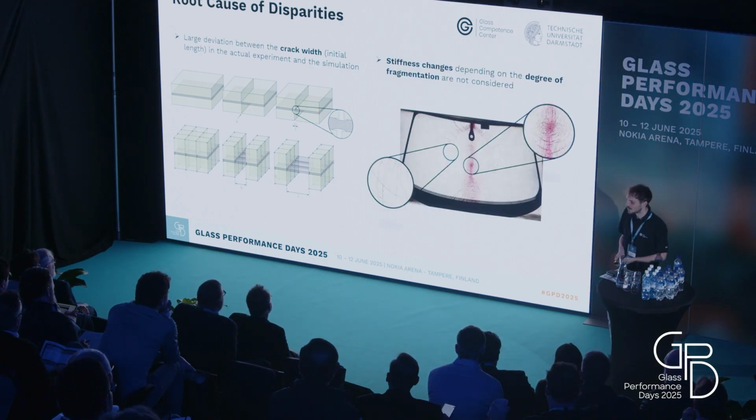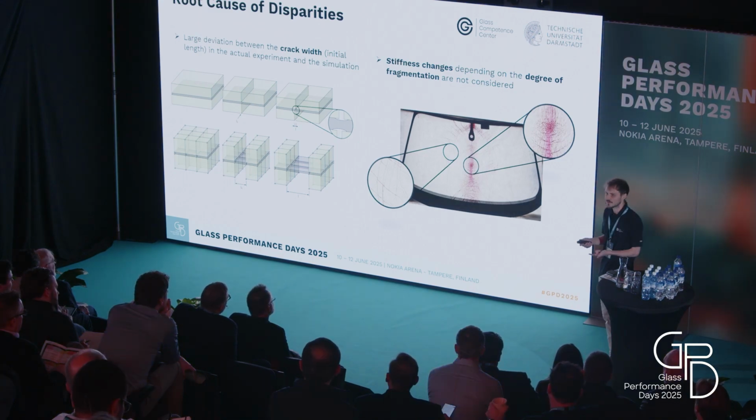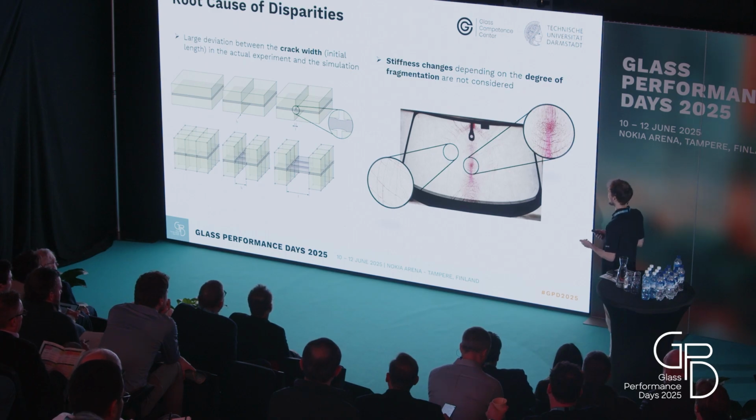The other big problem right now is that we don't consider stiffness changes depending on the degree of fragmentation. Right now we are making a 0 or 1 kind of statement: either we have the full stiffness of the laminate, or we only have the PVB interlayer.